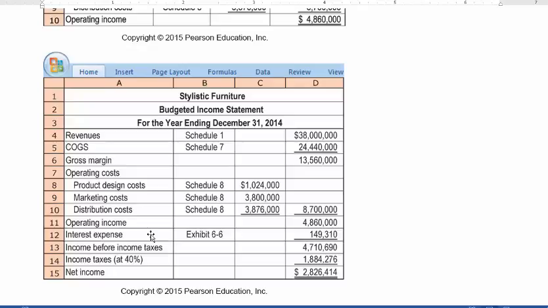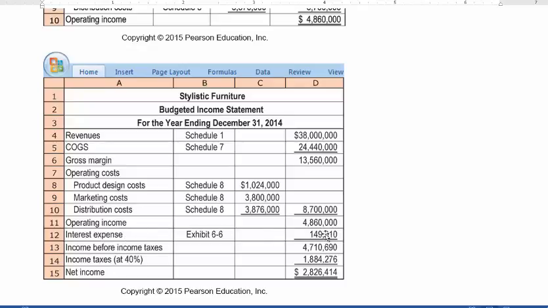All right, so imagine, if you will, we're doing a budget for an entire year, and in third quarter we plan to make a major investment, and at that time we are going to obtain some financing for that. Therefore, we would have some additional interest expenses incurred for the third quarter and the fourth quarter. So we would need to make sure that that interest expense is included on our budgeted income statement.